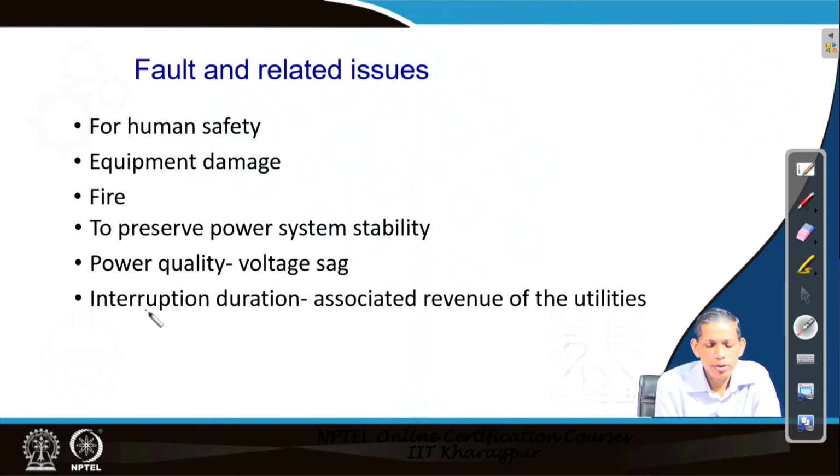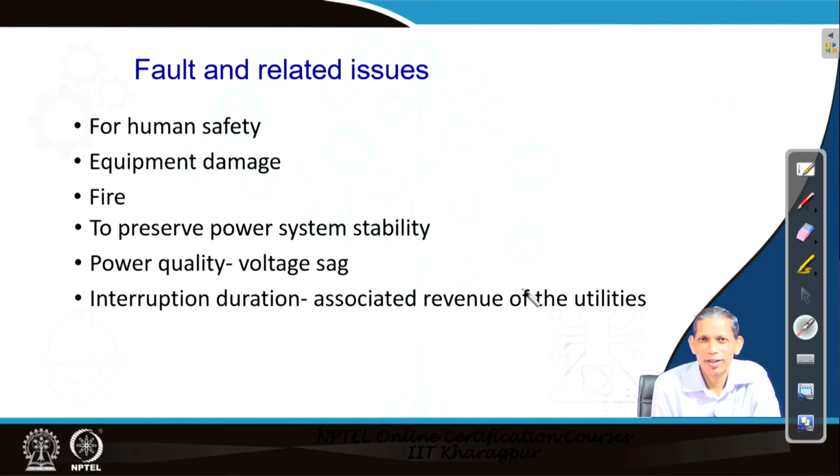The interruption due to a fault in any element of the system affects the functionality of the load and also has revenue implications for the utilities.